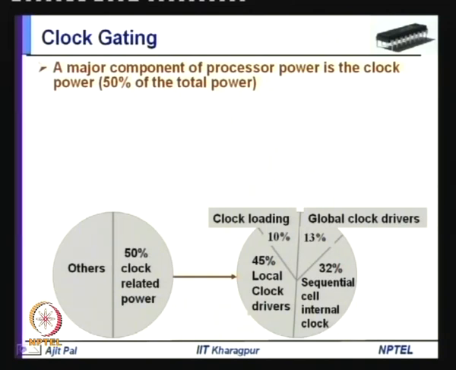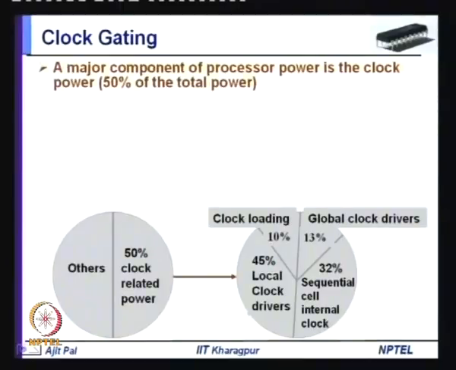Now, why clock gating? It has been found that a major component of processor power is the clock power, and 50% of the total power may be attributed to clock related circuits. That means the clock is generated and distributed throughout the chip, and at different points we provide drivers. Because of the switching of the clock, the dynamic power dissipation is quite large.